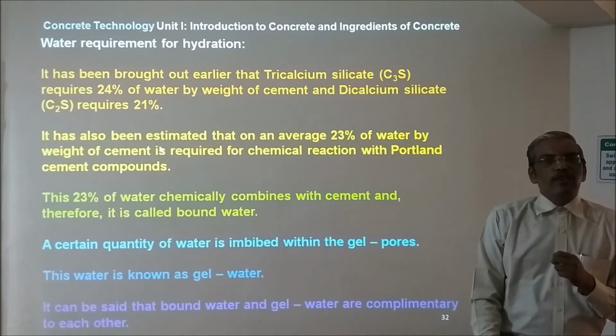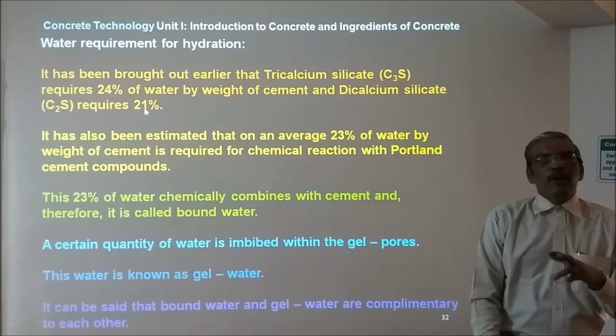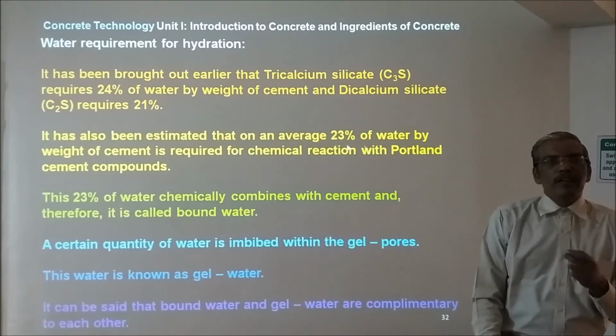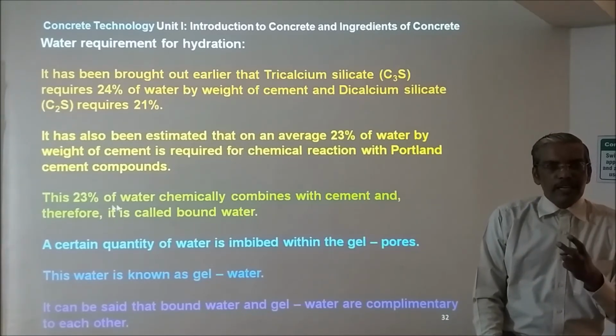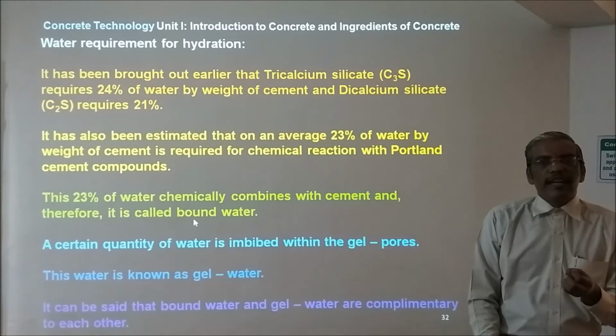It has also been estimated that an average of 23%, that is (24 plus 21) upon 2, of water by weight of the cement is required for the chemical reaction with Portland cement compounds. This 23% of water chemically combines with cement and therefore it is called the bound water.